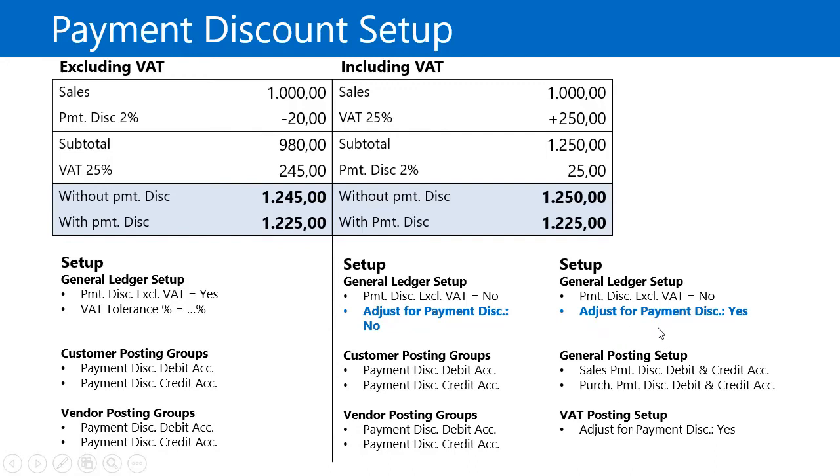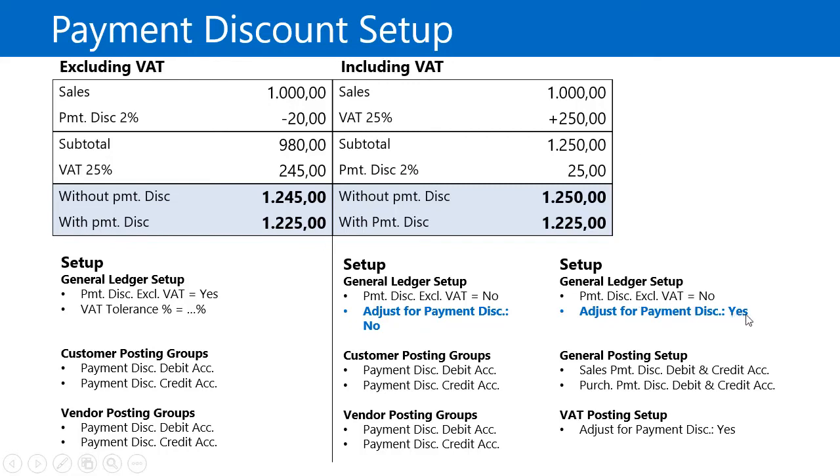Now, what do we mean with adjust for payment discount? Well, quite simple. If we look at the payment discount amount here, so the 25, that's of course an amount including VAT, because we have calculated the 2% on the total amount including VAT. With the adjust for payment discount, no or yes, we can specify whether we want the system to take out the VAT amount and post the VAT amount separately from the base.